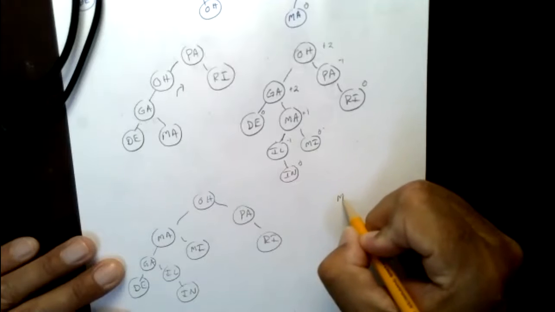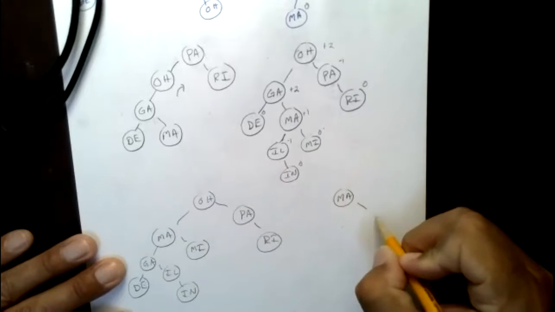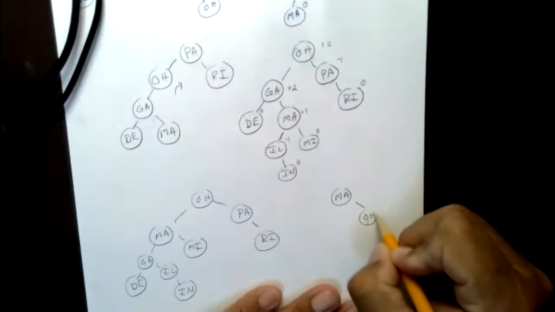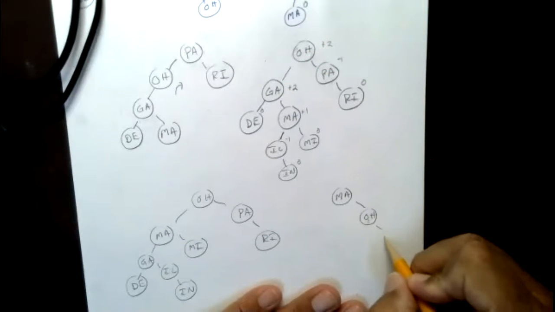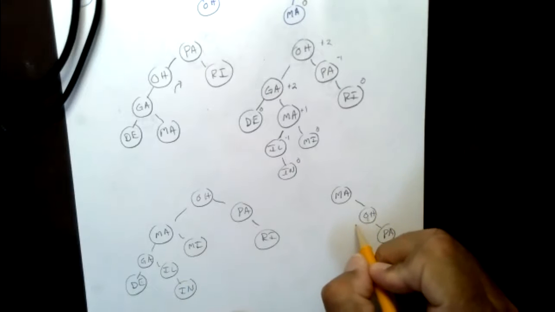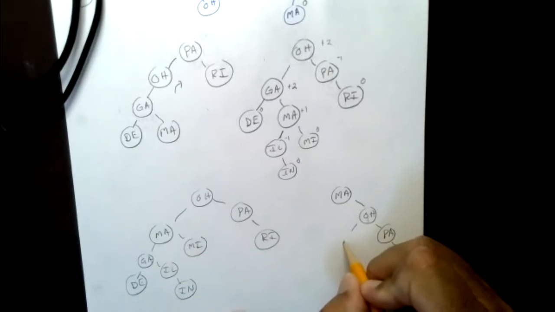So now Massachusetts is up here. Ohio got moved down. PA is still here. Rhode Island is still here. MA's right is going to attach to Ohio's left.